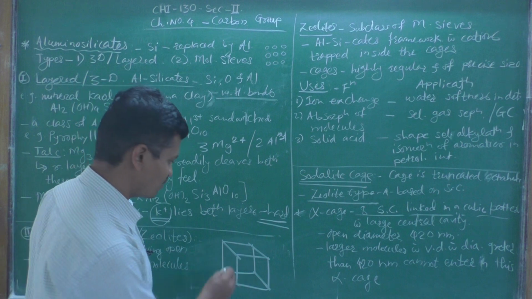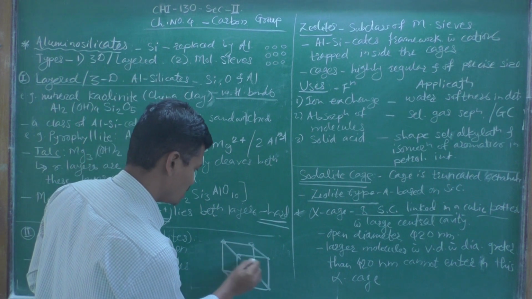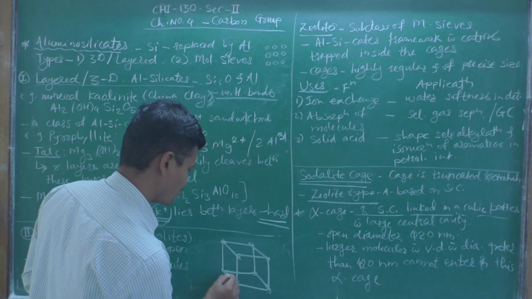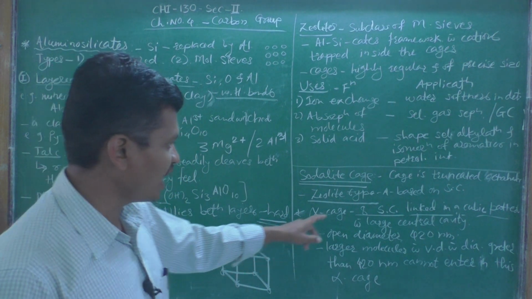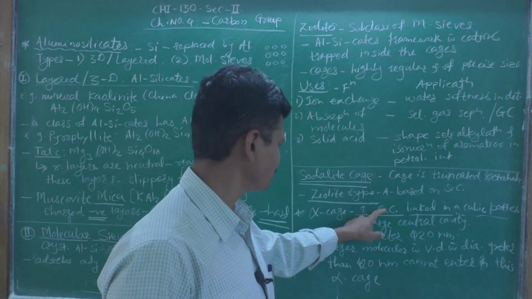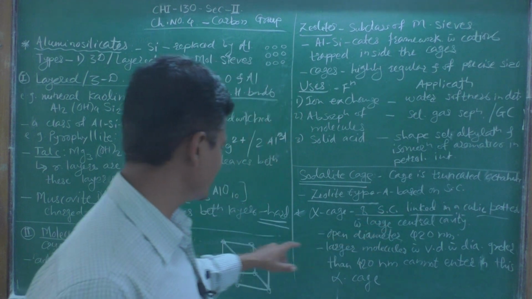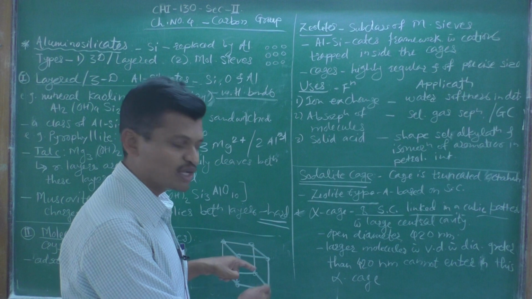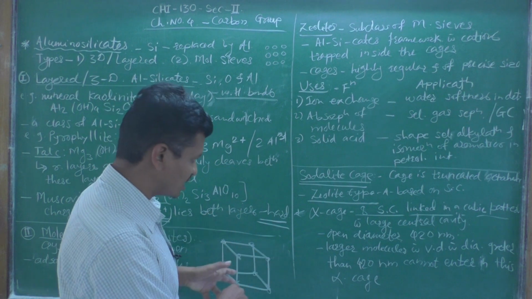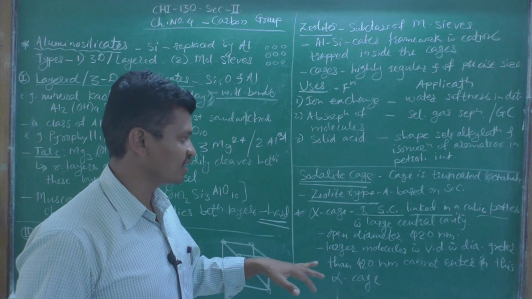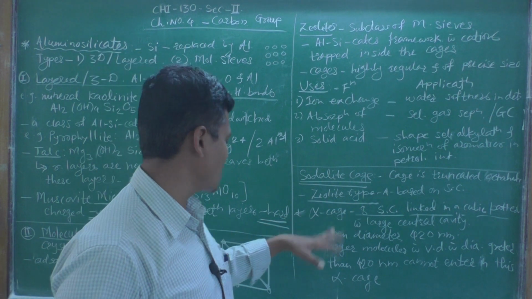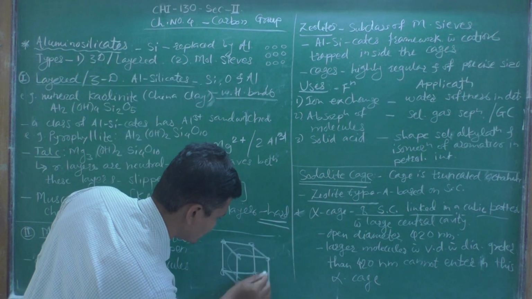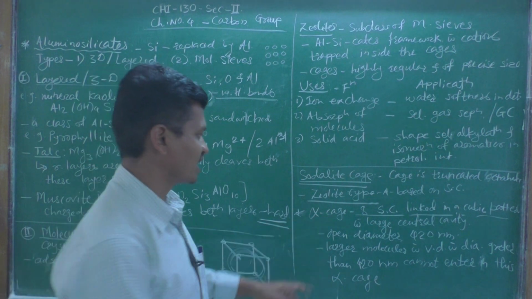How many corners are there for a cube? 1, 2, 3, 4, 5, 6, 7 and 8. So when 8 sodalite cages are present at the 8 corners of a simple cube and are joined together in a cubic pattern, the resulting cage is known as the alpha cage.